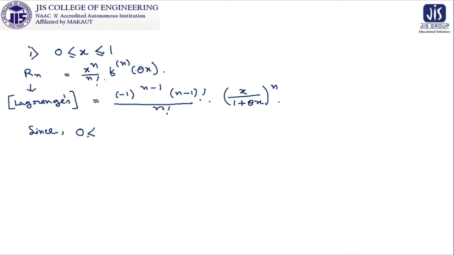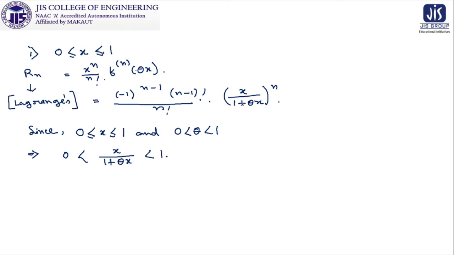So 0 less than or equal to x less than or equal to 1 and 0 less than theta less than 1, it follows that 0 is less than x by 1 plus theta x less than 1.